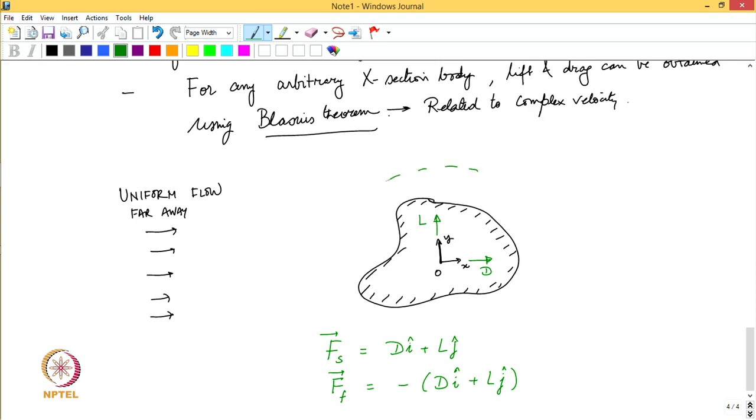So, say I take a control volume of, for now, any arbitrary shape, say this is the contour C which encloses this control volume. Okay. So, this is a contour in 2D.